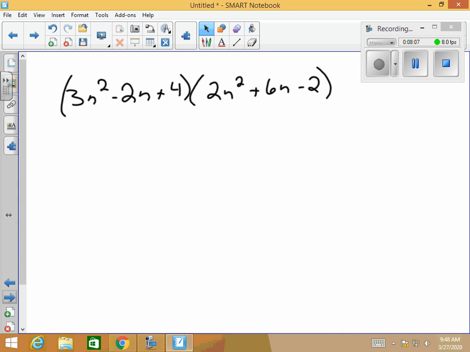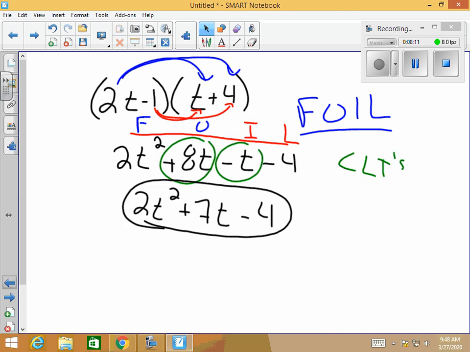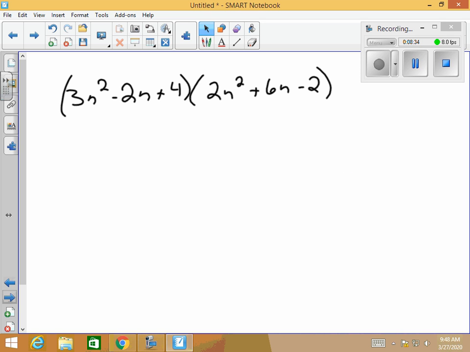And as we did in FOIL, I'm going to back that up real quick, because in FOIL, if you really take a look, we distributed the 2t to every single term on the backside grouping, so the blue arrows. And then once we distributed the 2t to everything, we come back and get to the negative 1, the red arrows. So we distribute the negative 1 to every single term in that grouping. Well, that's exactly how we're going to work this problem here.